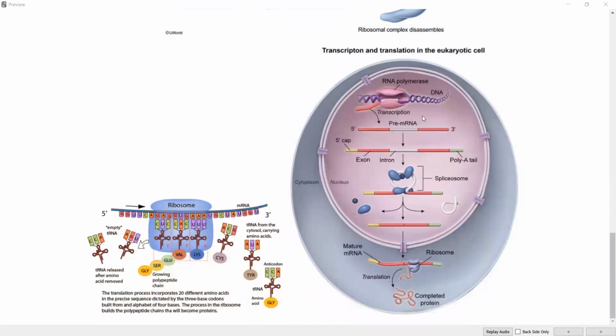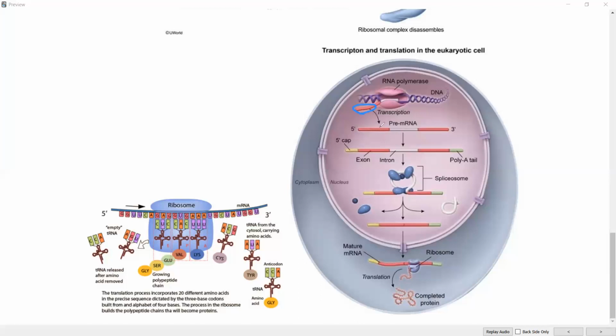This is an overall picture of everything we talked about. Inside the nucleus, we've got our DNA just chilling. Once a transcription factor says, hey, RNA polymerase, go to the DNA and get me this particular recipe, it makes that recipe.